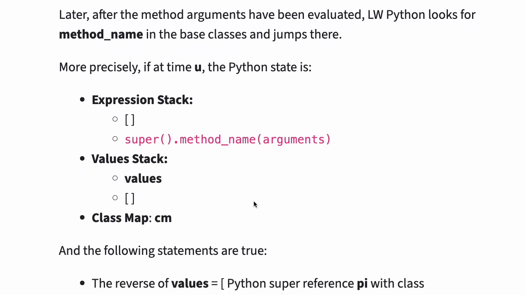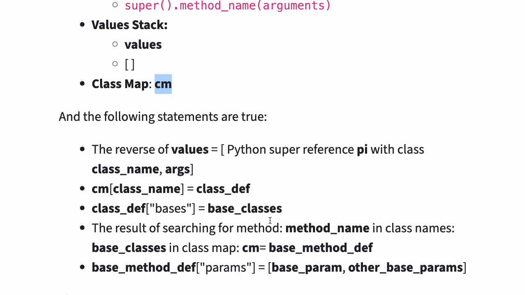More precisely, if at time mu, the expression stack contains an empty stack followed by super.methodName with arguments, and value stack contains values, and the class map is CM, and the reverse of values is the stack with Python super reference PI with class name and args, and CM at class name equals class def, and class def at bases is base classes, and the result of searching for method name in base classes in class map CM is base method def, and base method def at params equals the stack base param and other base params.